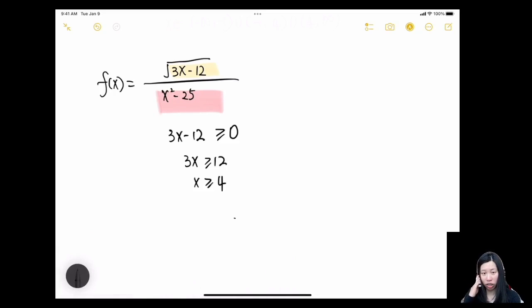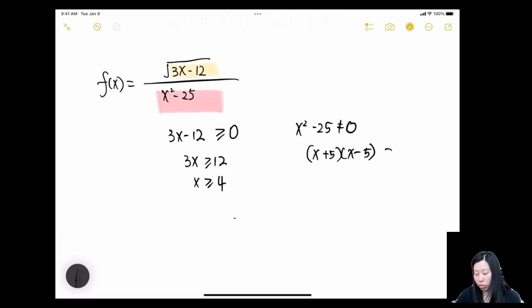So the denominator in a rational expression, we know that I don't want the denominator to equal 0, because when it equals 0, the function doesn't make sense. So when you solve it, I have (x plus 5)(x minus 5), which is the difference of squares, x squared minus 5 squared not equal to 0.